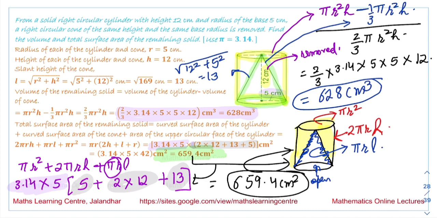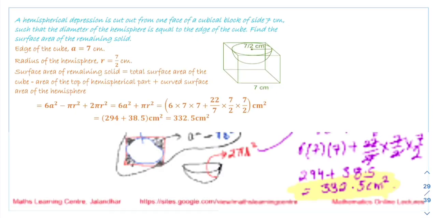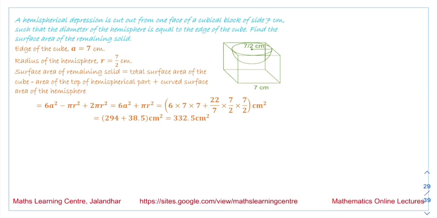Now the next question is: a hemispherical depression is cut out from one face of a cubical block of side 7 centimeter, such that the diameter of the hemisphere is equal to the edge of the cube. So this box is given to us, and each side of this box is 7 centimeters.